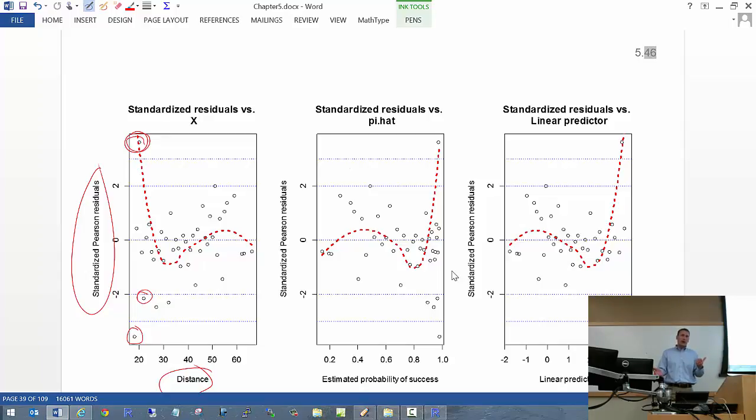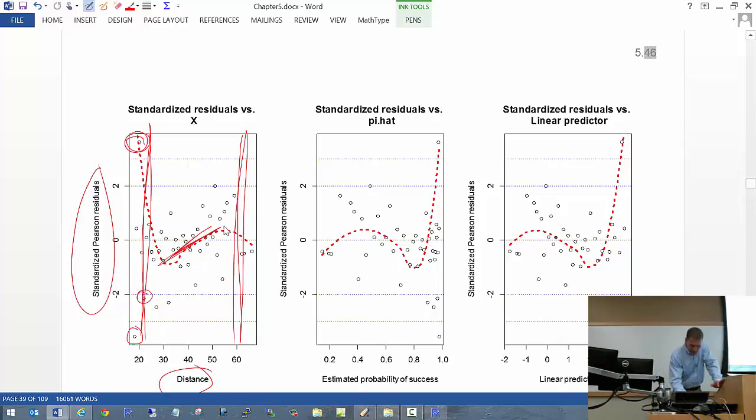Another thing you have to understand about them is that on the edges, meaning for extreme values on your x-axis, the models are typically not good. So I typically focus more in the middle of the plot to make a judgment about trend. And so we can see that maybe we do have some kind of trend going on there. Part of the reason, I don't know if you remember this, but I'm pretty sure it's in a homework, if you look at distance squared in this model, it is actually marginally significant.